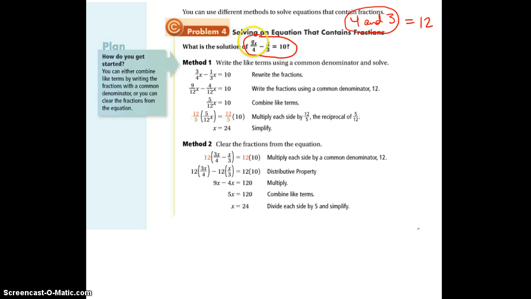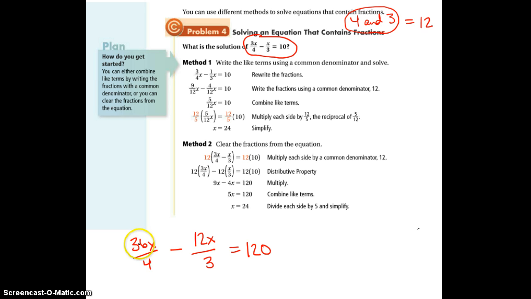So take 12 times this first term, 12 times the second term, 12 times the third term. 12 times 3 is 36, so you get 36x over 4. 12 times x is 12x, so you get 12x over 3. And then 12 times 10 is 120.